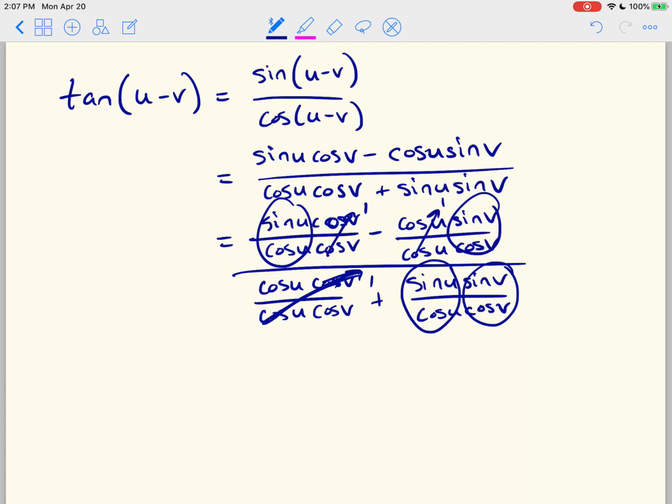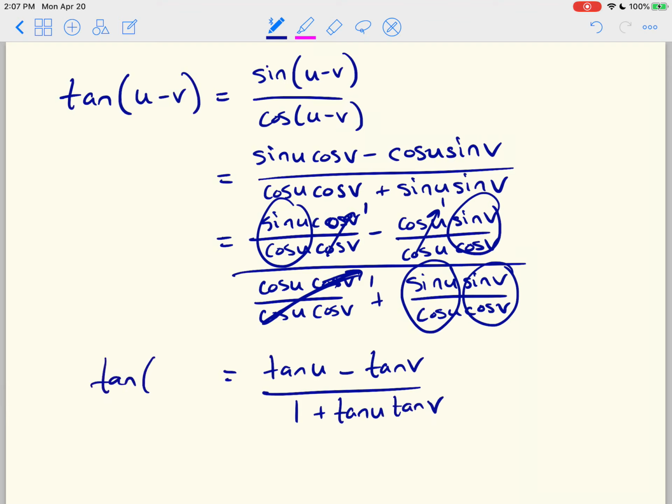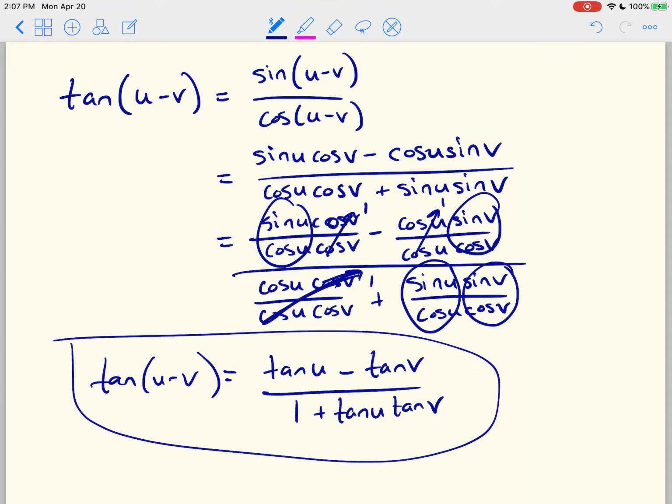This becomes 1, and this is a tangent. And so we're left with tan u minus tan v over 1 plus tan u tan v. So this is our difference formula for tangent right here.